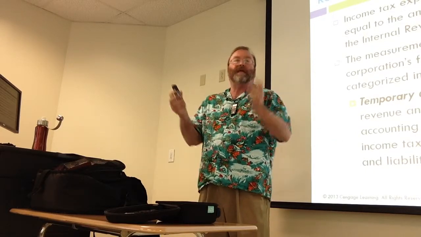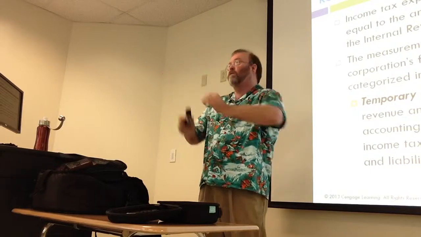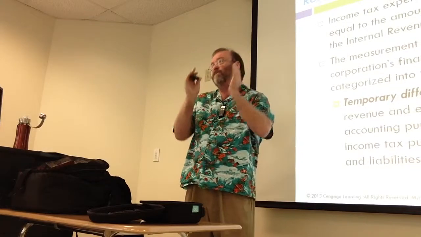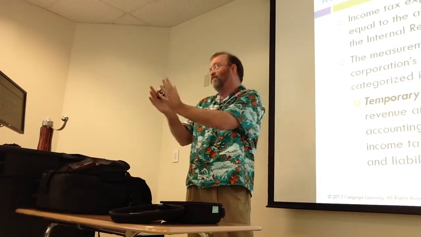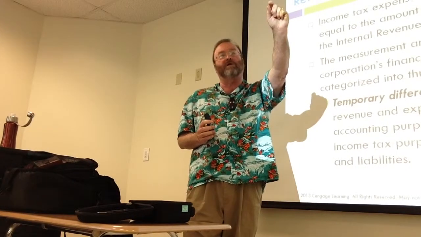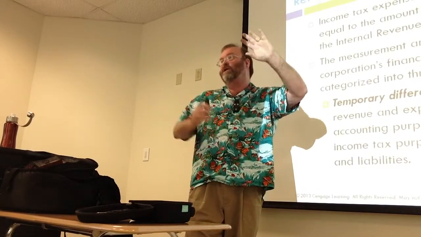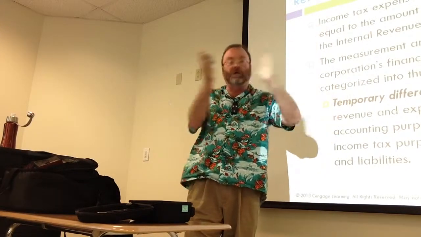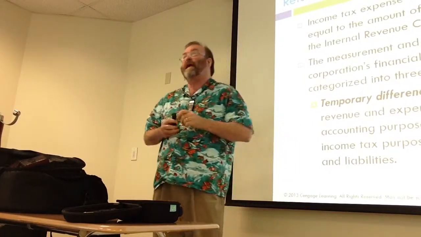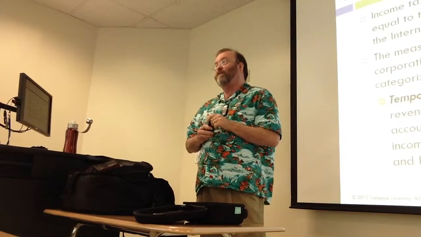If it's a building, they classify it as so many years. If it's a car, they classify it as this. If it's a piece of computer equipment, they classify it. And then they tell you how much you're allowed the first year, the second year, the third year, and so forth. And you just multiply that by the tax basis of the asset. Okay?